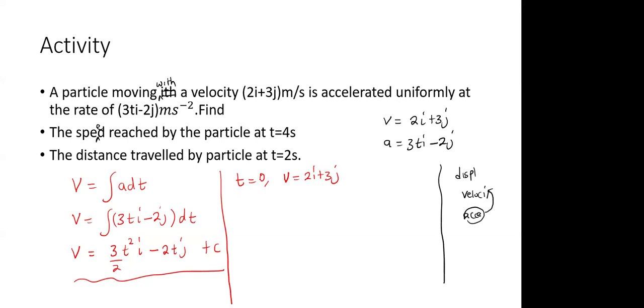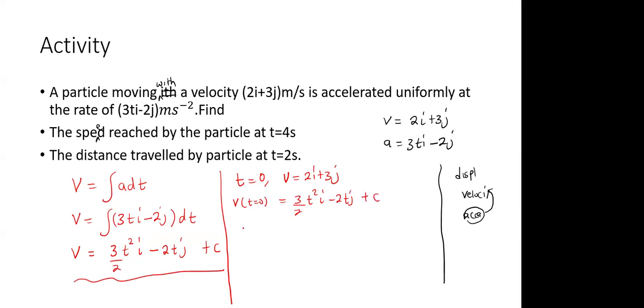Where there is time, we shall put 0. Where we have velocity, we shall put 2i plus 3j. So I'm going to substitute where there is v, which is v when t is equal to 0, is equal to 3t squared over 2 i minus 2tj plus c.